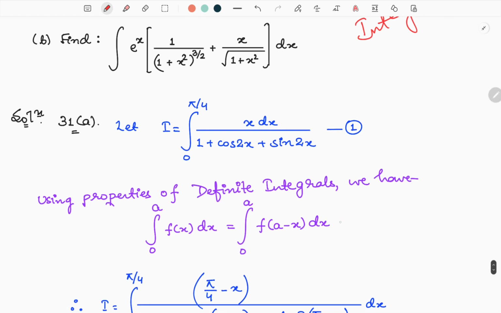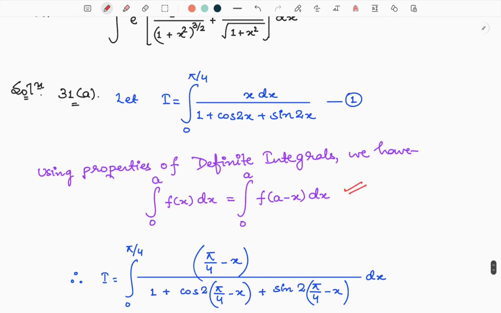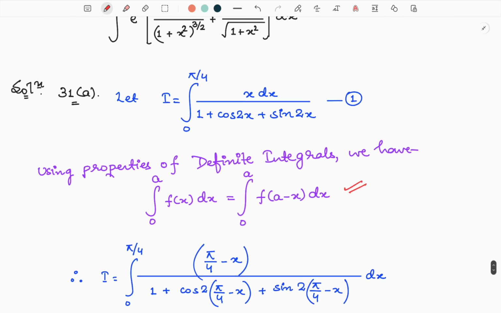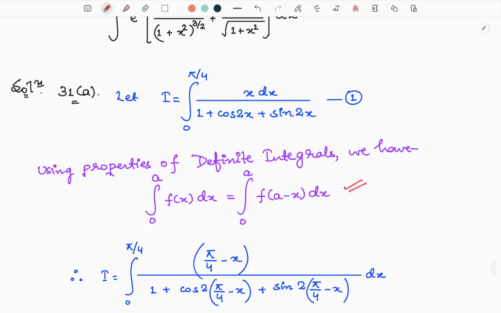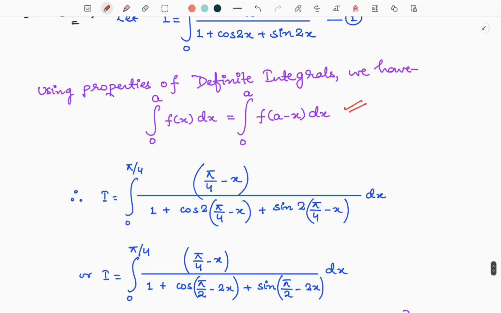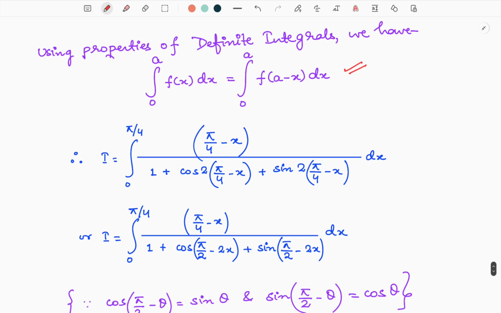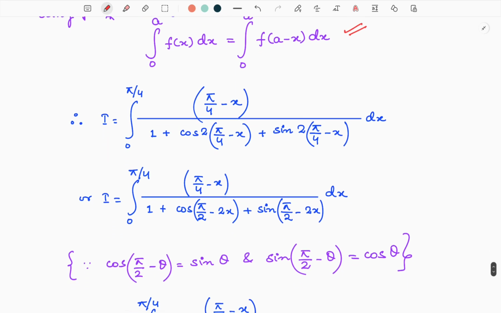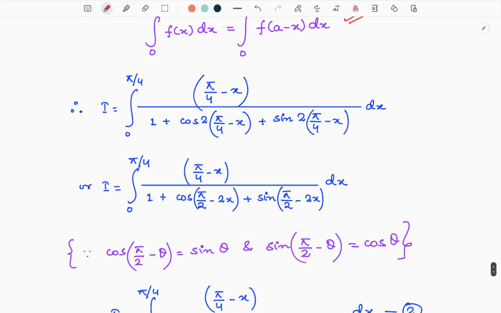So you should remember immediately that there is a property to calculate integral when the integral is from 0 to a: change the value of x with a minus x. Replacing x by pi by 4 minus x in the given equation, you can change the value of I. So equation 1 is the original I integral, and if you put pi by 4 minus x and apply all the basic trigonometrical knowledge, because here without trigonometry you cannot solve.